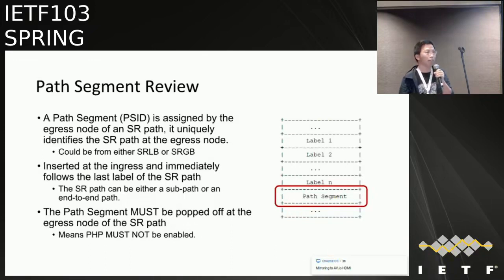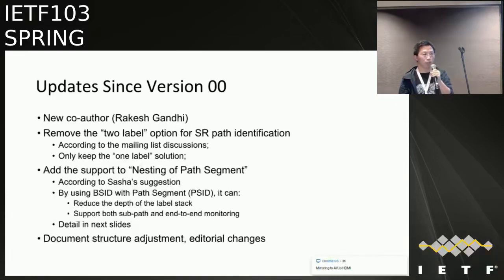So here are the updates made to this version since we first presented in IETF 101. Since then, we had a new author, Rakesh Gandhi, and we received a lot of online and offline comments. According to those comments, two major updates were made to this version. The first one is to remove the two label option for path identification.